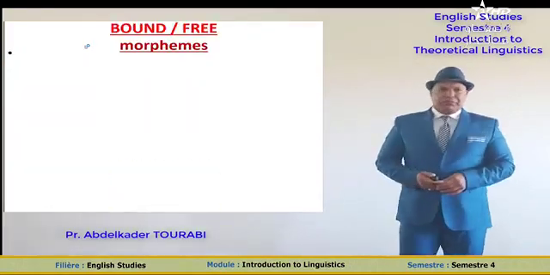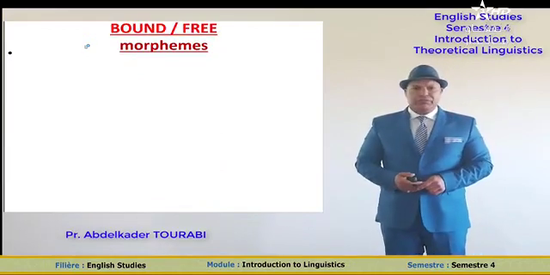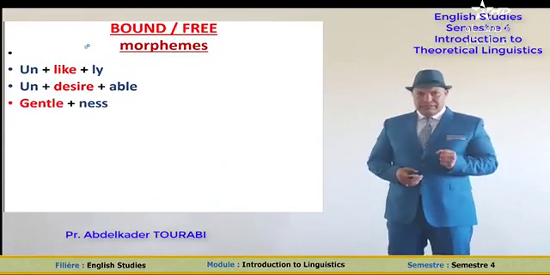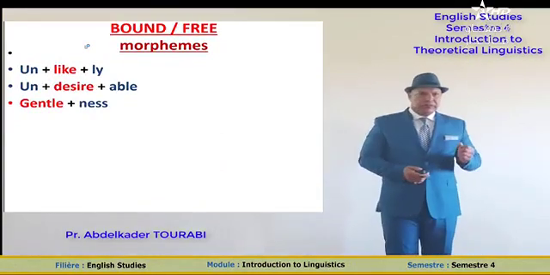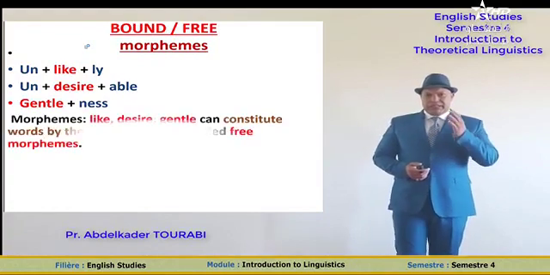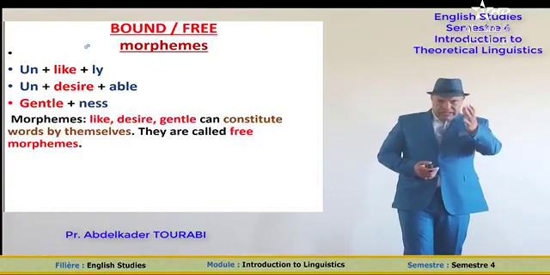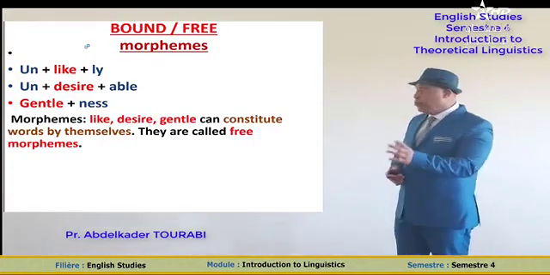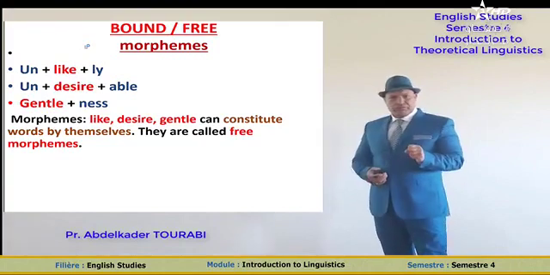Bound and free morphemes. If we take these examples, unlikely, undesirable, gentleness, morphemes like desire, like, gentle can constitute a word by themselves.